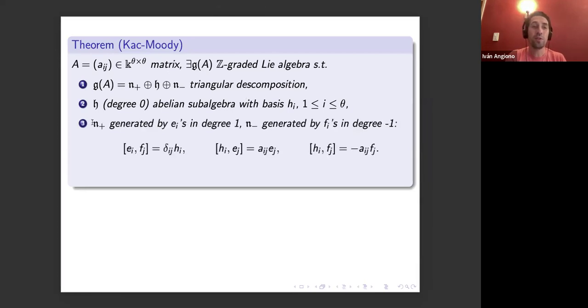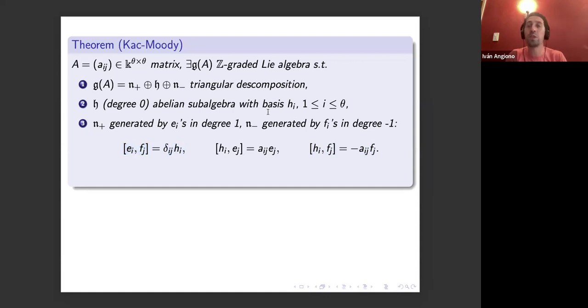Essentially, you want to have a positive part generated by some e_i, some negative part generated by some f_i, and this matrix A tells you how is the action of h_i on e_j, essentially. And for the f_j, you put a minus because essentially it is the dual part. And you have a way to relate something in degree 1 with something in degree minus 1, which should land in degree 0, so it should be something in your abelian subalgebra.